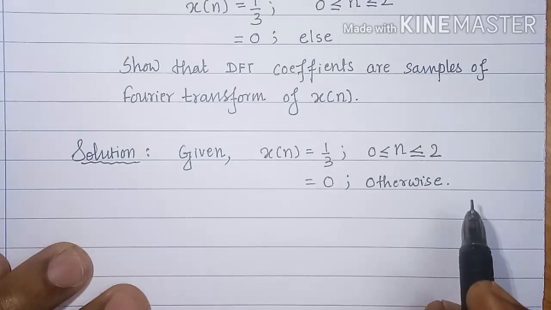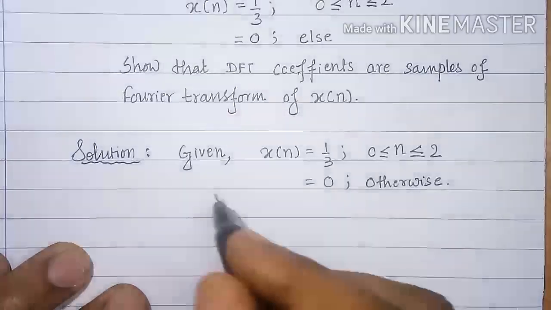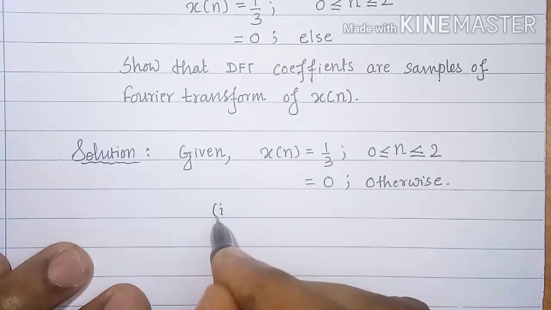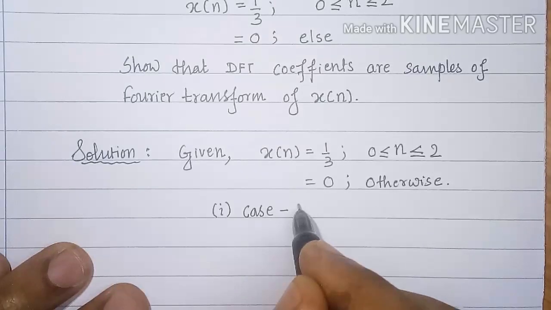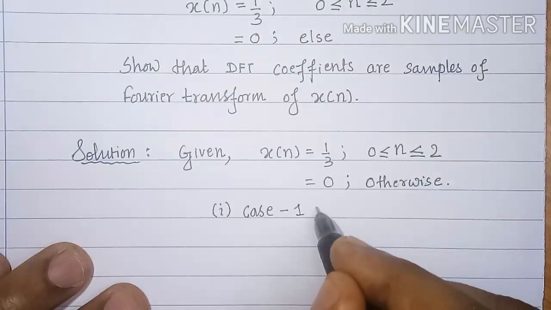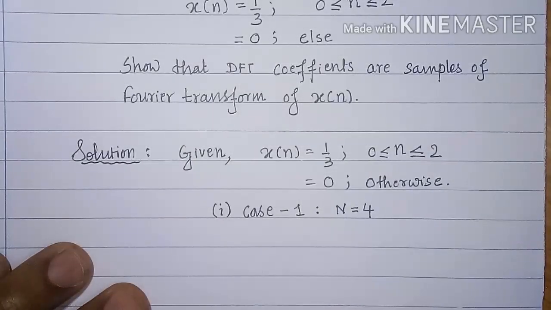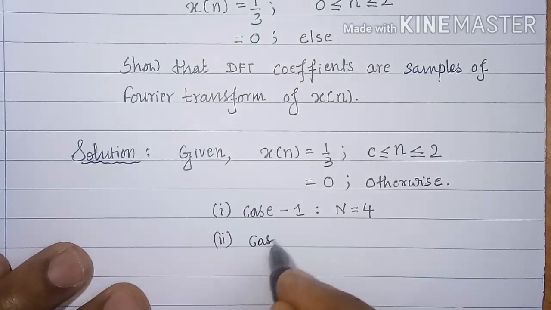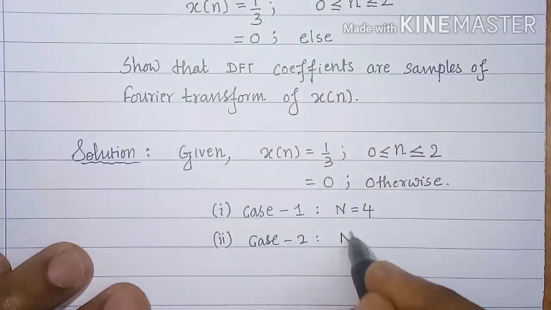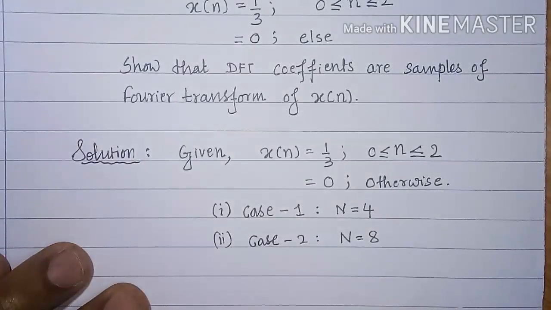We have to find 4-point DFT and 8-point DFT. That means there are two cases. Case 1, N equal to 4. Case 2, N equal to 8.